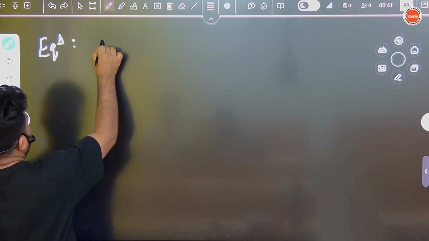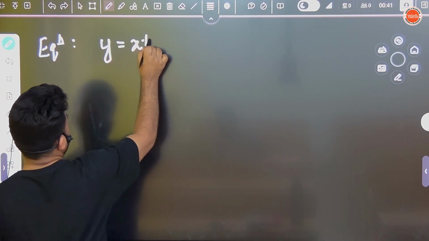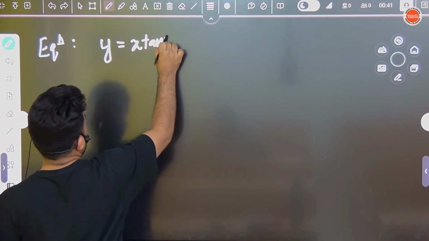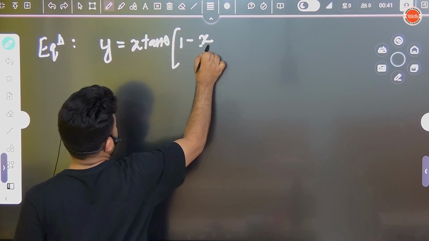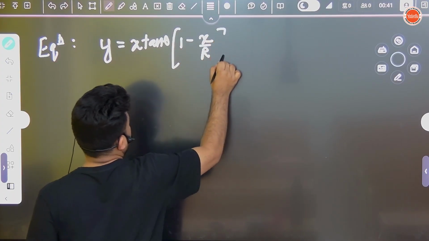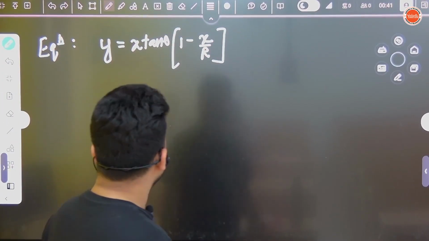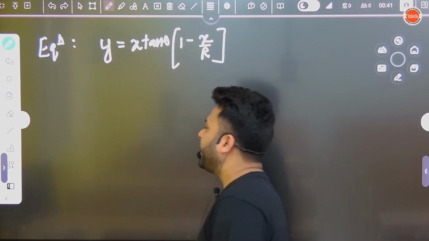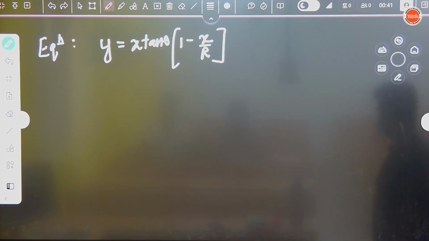Always remember: y equals x tan theta times 1 minus x by R. This is the equation of the projectile motion.